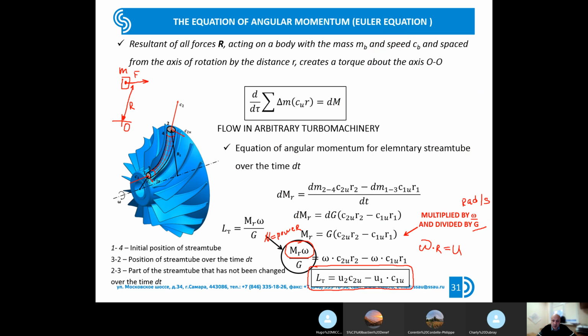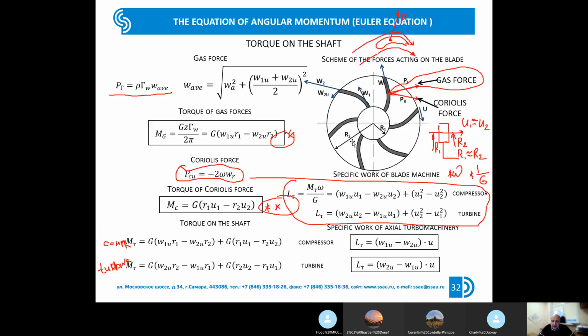The previous equation which we discussed on this slide was received based on the equation of angular momentum, and you see that this formula contains projections of absolute velocity. And here we received the formula for the specific work based on the forces which impact the blades.